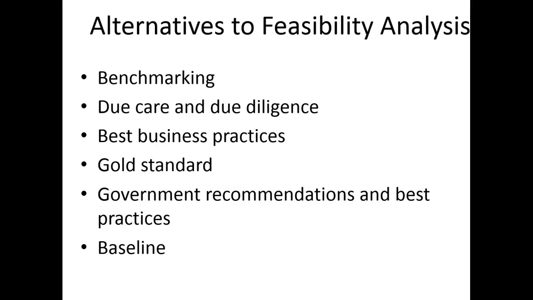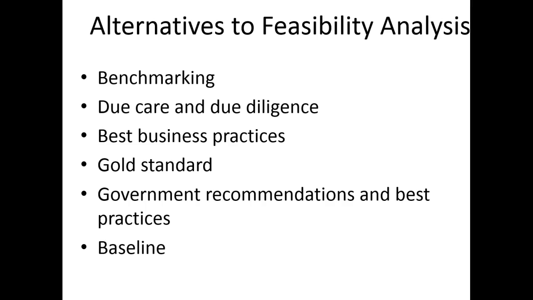Another alternative approach to feasibility analysis is benchmarking, which is the process of studying the practices used in other organizations and then seeing if you can apply that. Due care and due diligence: when a company adopts a certain minimum level of security, that is what they're going to use based on their circumstances.